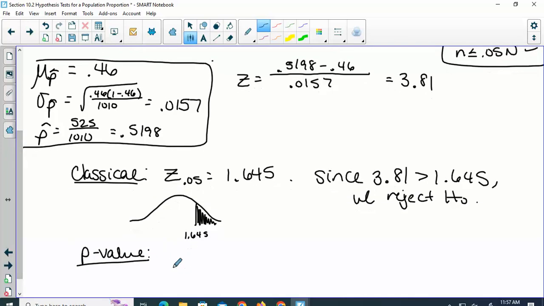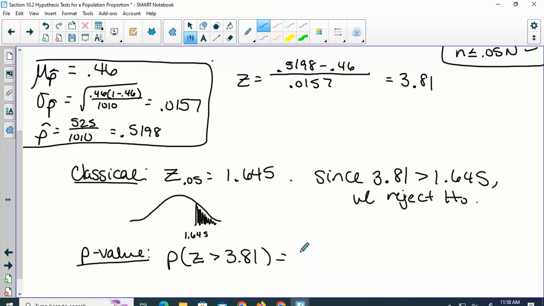We have to find the probability. We are testing greater than, so the probability that Z is greater than 3.81. So you go to your normal table, we look up 3.81, and is it even on our table? No. So the closest we can get is 3.49.